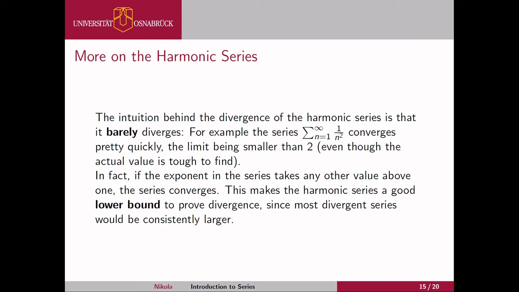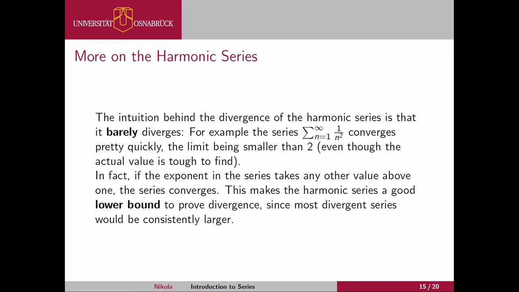The additionally remarkable thing about the harmonic series is that if this exponent is any number larger than 1, the series instantly converges, right? So if you, instead of 1 over n, take 1 over n to the power of 1.0001, it immediately converges. And this idea of the harmonic series just barely diverging makes it a great lower bound to prove divergence.